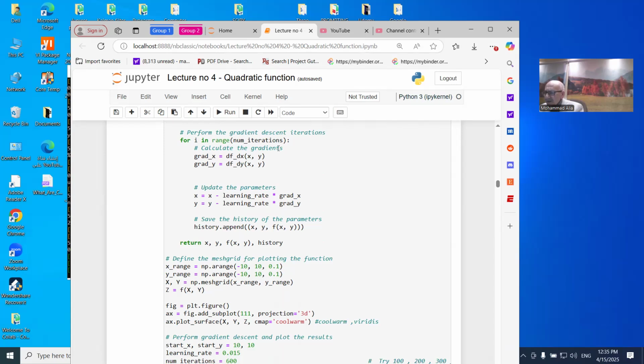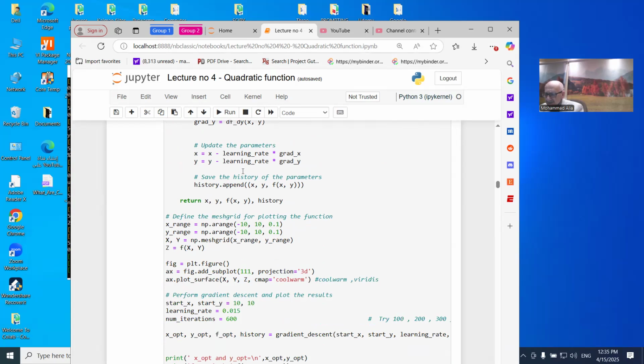We have to define the number of iterations. It is defined here as 600. The learning rate is defined as 0.015. And the starting x and the starting y are assigned 10 values.